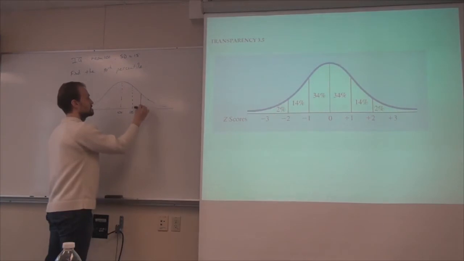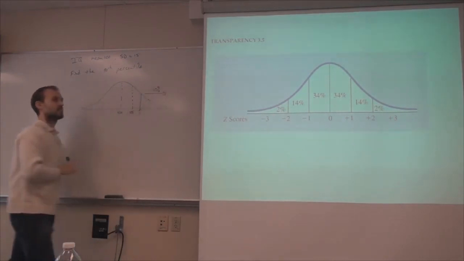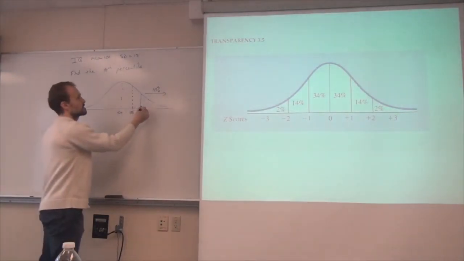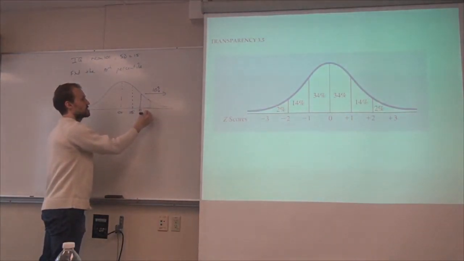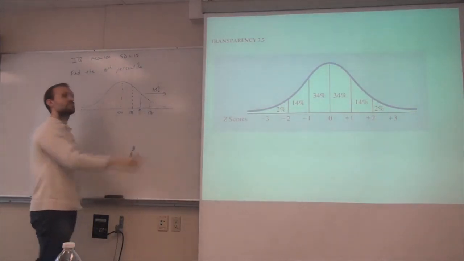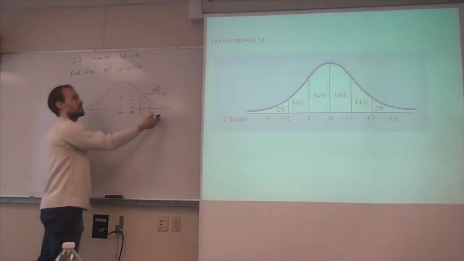I'm over here. So the 10% is above me. The next standard deviation step is going to be 130, and only 2% of the population is above that. Only 2%. So I'm not going to go that far.